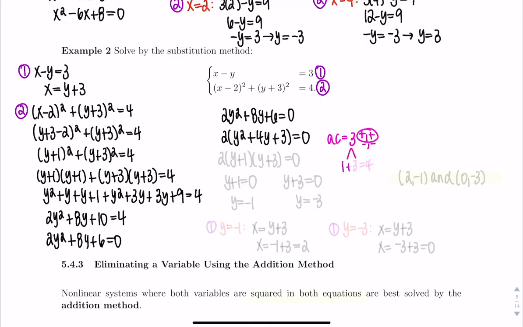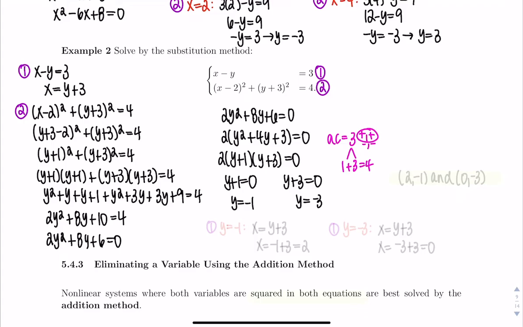And 1 plus 3 would get me 4. So we have 2 times y plus 1 times y plus 3 equals 0. And set each piece equal to 0. So y plus 1 equals 0 and y plus 3 equals 0. And so we get y equals negative 1 and y equals negative 3.